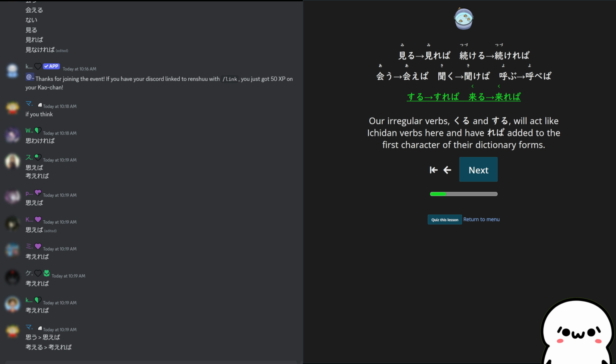By the way, just as an aside, most of you probably already know this, but what's the difference between these two thinks? Between omou, to think, and kangaeru, to think? It comes up on Renshuu from time to time. What's the difference between the two?